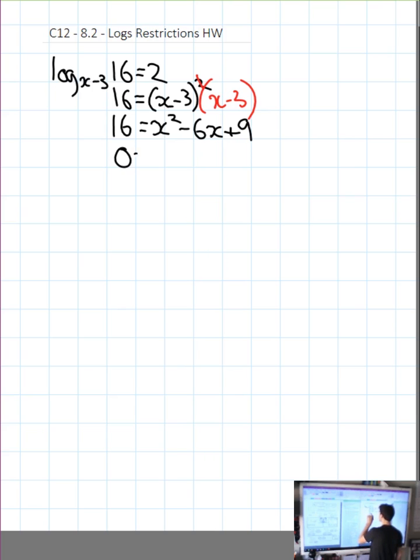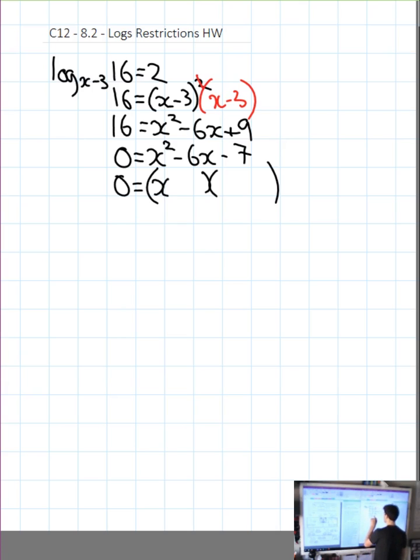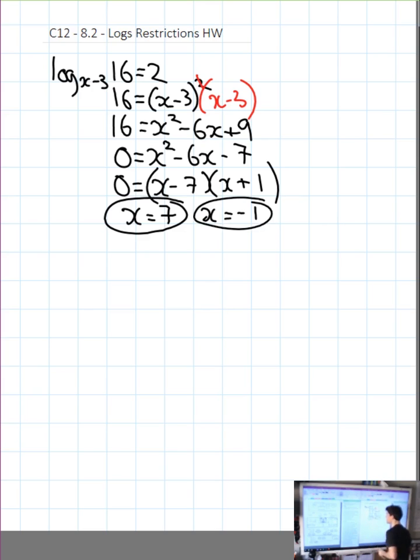Now if I subtract 16 from both sides, 9 minus 16 is negative 7, and if I factor it, two numbers that multiply to get negative 7 and add to get negative 6 are negative 7 and positive 1. Therefore, x equals 7 and x equals negative 1.